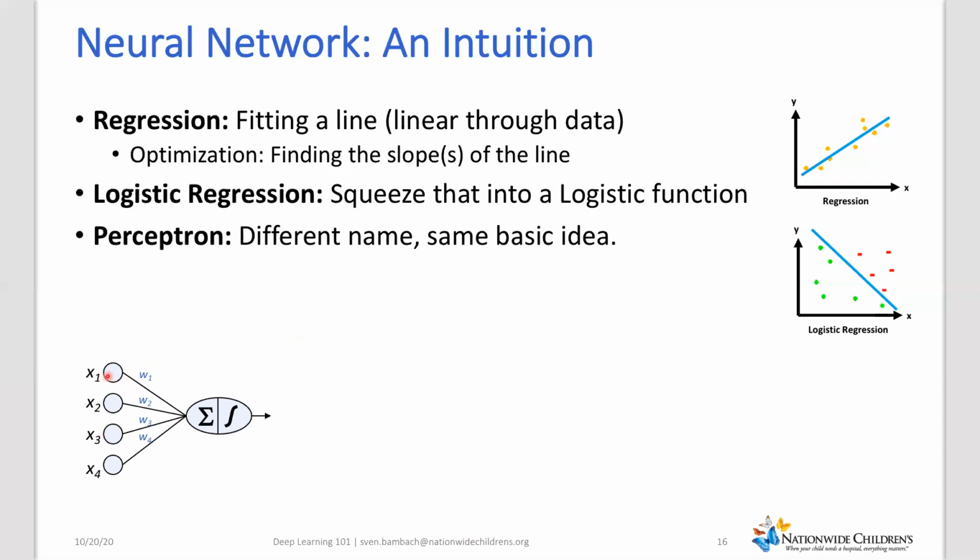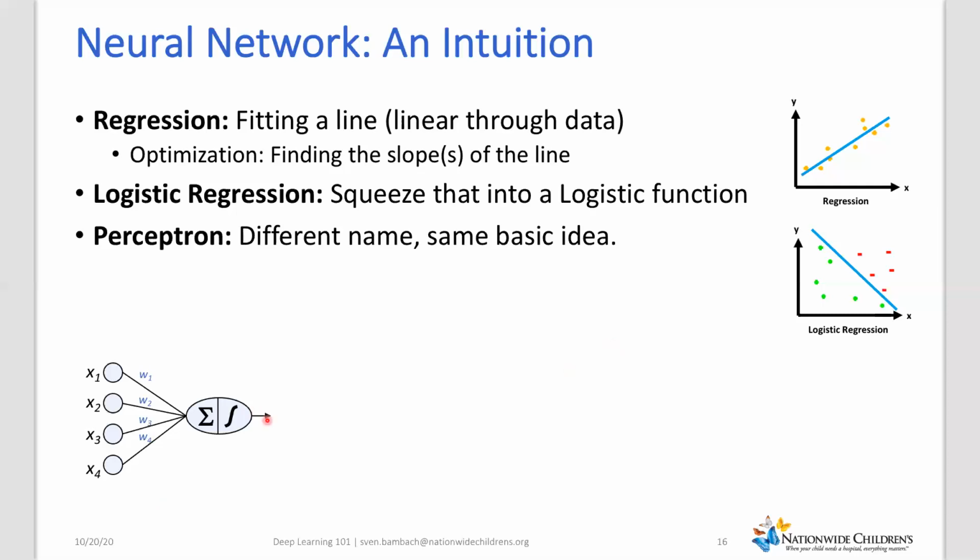What you do is plug these numbers into this little graph, multiply them by the weights, sum them all up, and then threshold them, where the threshold tells you which side of the line you're on. So the weights of this network define the slope of the line, and the threshold tells you which side of the line you're on. You're basically doing logistic regression, but in terms of a network where you plug in the data on the left and the prediction comes out on the right.